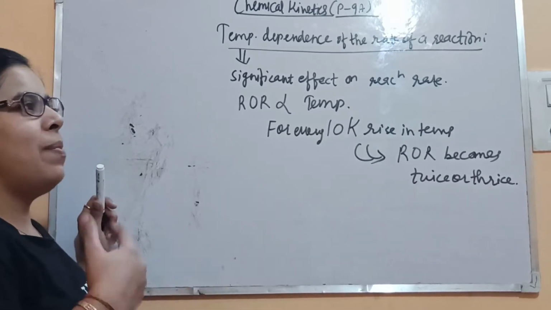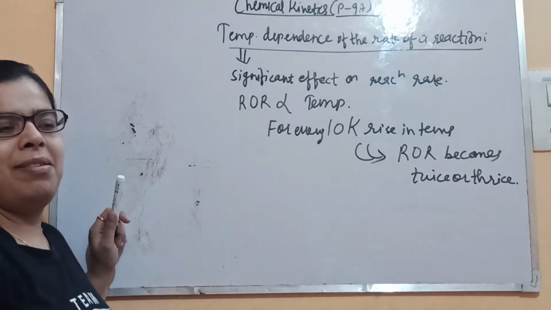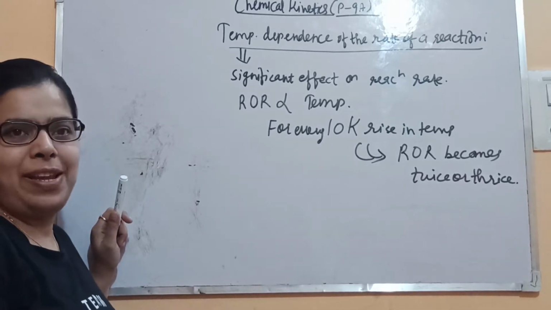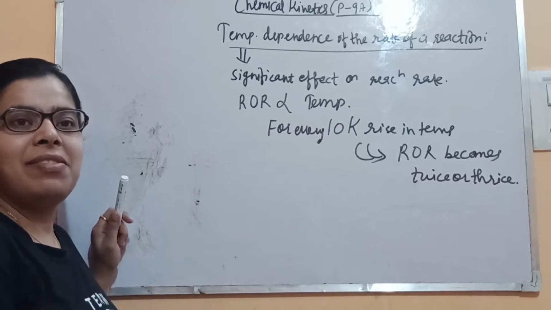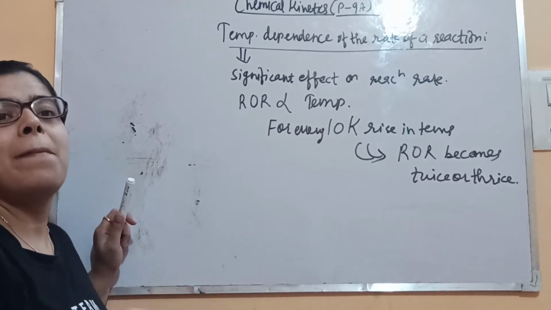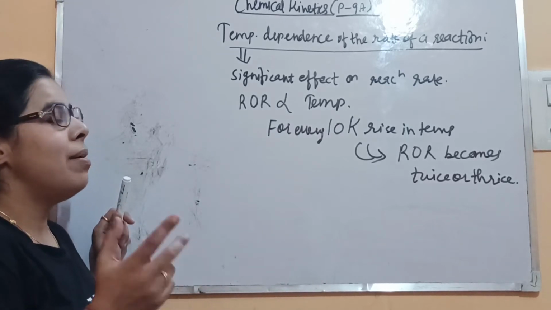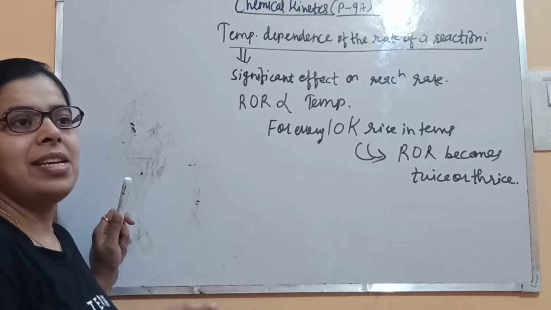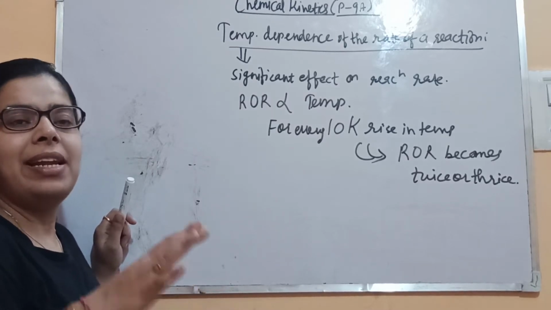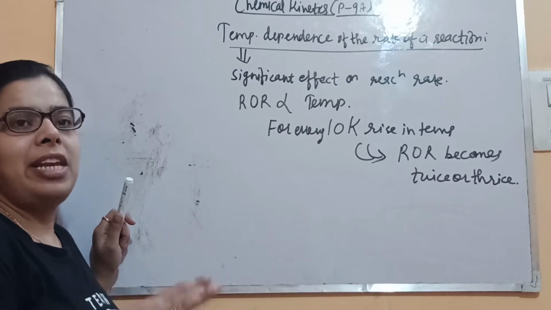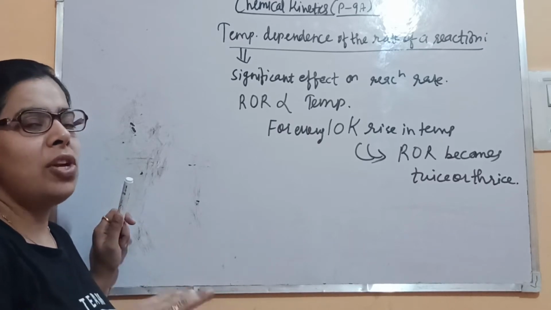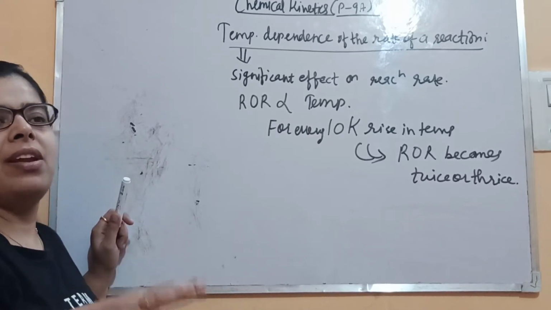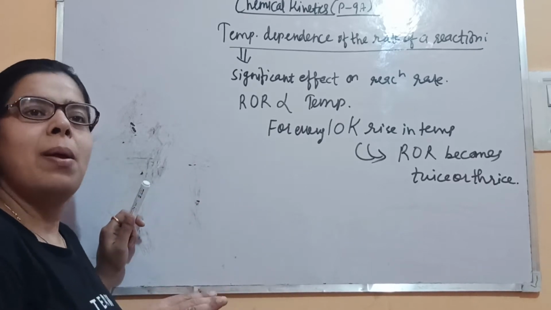If they started burning on their own, then a blast or explosion would take place. So when we provide extra temperature, then only the combustion takes place. Otherwise at room temperature it is not taking place, at elevated temperature it is taking place. So those reactions which are not taking place at a normal temperature, with the rise in temperature, those reactions are possible.